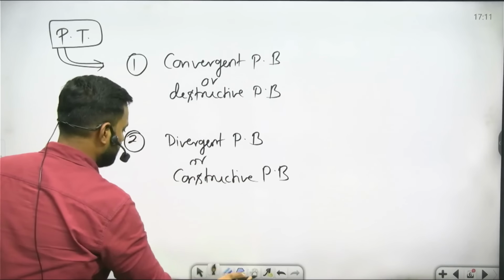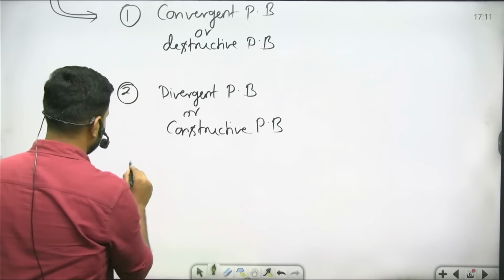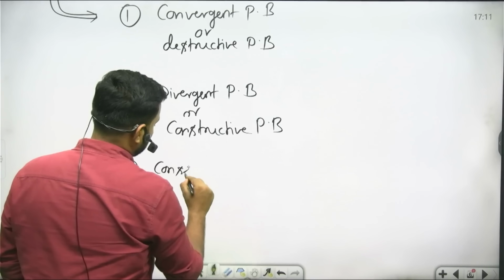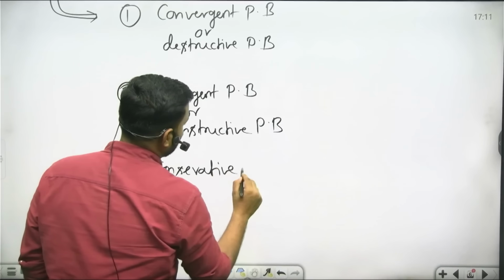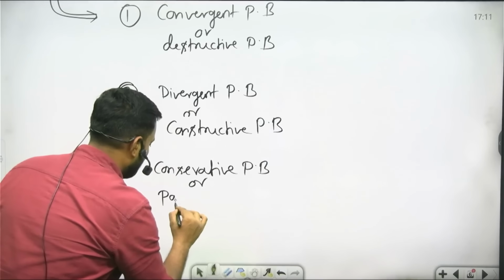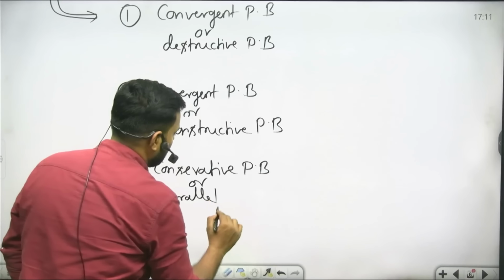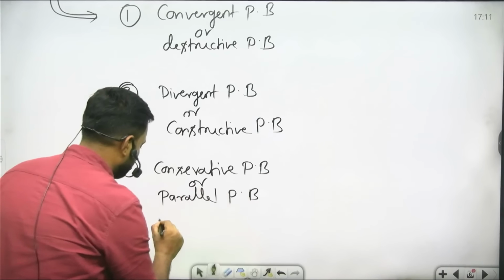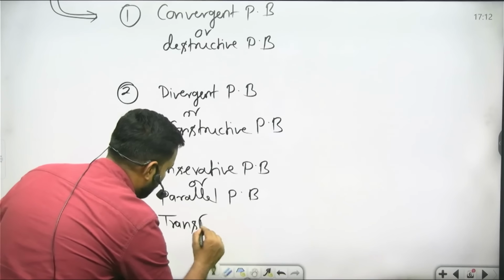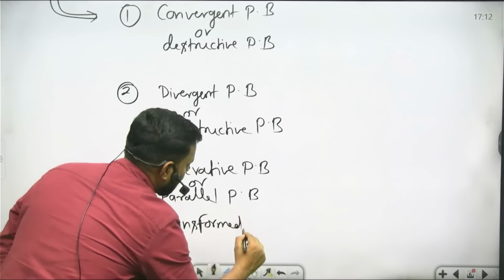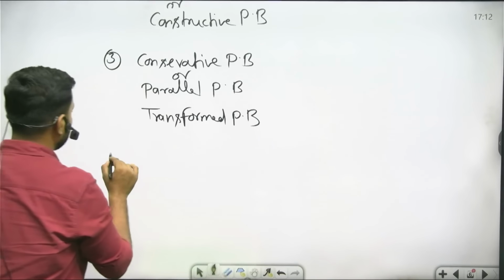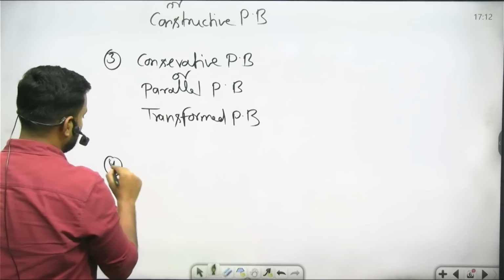And third one is the conservative plate boundary, or the parallel plate boundary, or the transform plate boundary. And recently, you can add the fourth one, the gliding plate boundary.